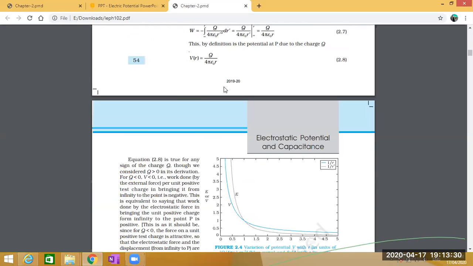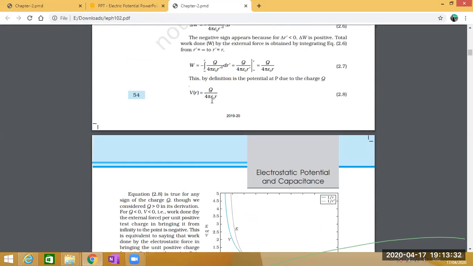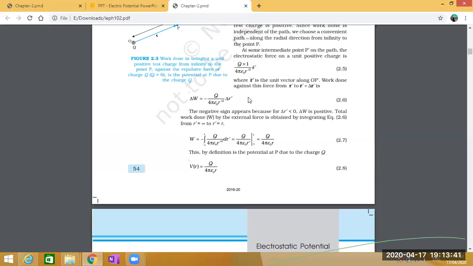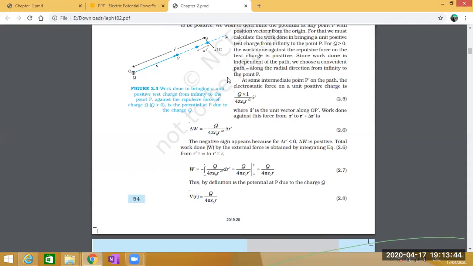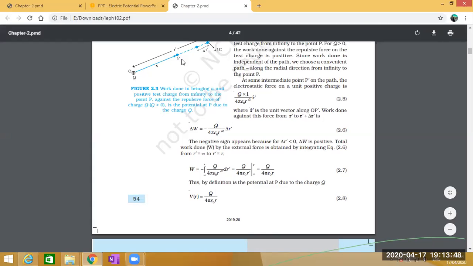So far we have seen that electric potential is inversely proportional to distance, while electric field was inversely proportional to square of distance. Please pay attention, this is the electric field at a distance r from the source. So the amount of work done is obtained here, and after that we integrate it. Integration का लिमिट, lower limit होगी infinity, क्योंकि infinity से ला रहे हैं.